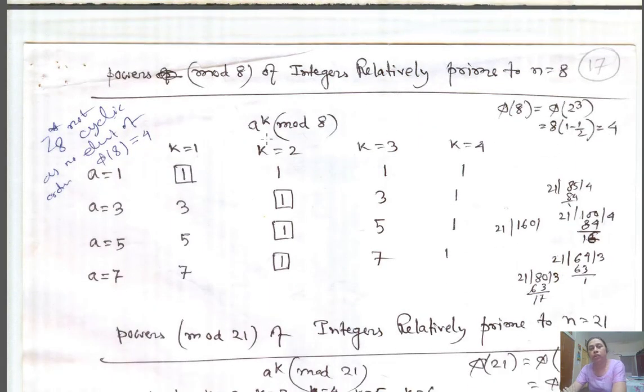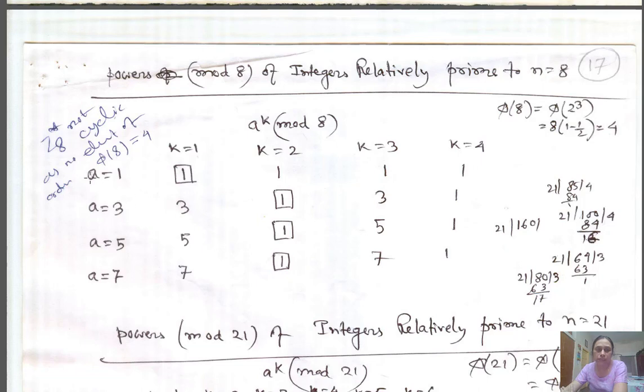Now consider powers modulo 8 of integers relatively prime to n equal to 8. The elements which are relatively prime to 8 are 1, 3, 5 and 7. You can see that the order for a equal to 1 is 1, for a equal to 3 it is 2, 5 also 2, 7 also 2.